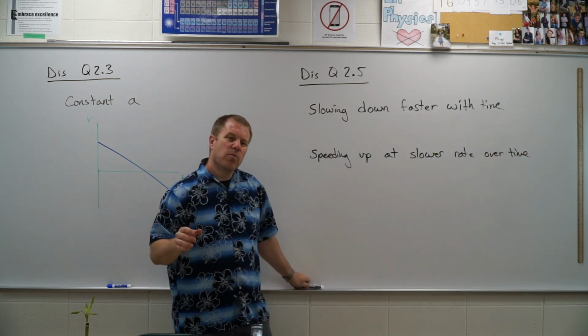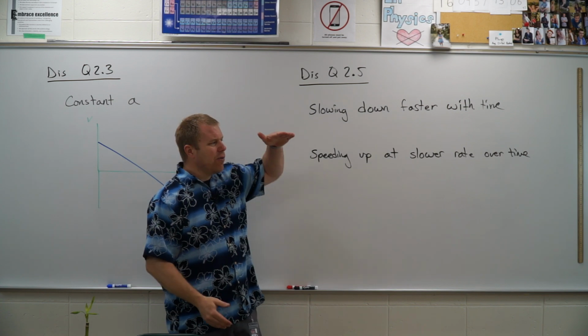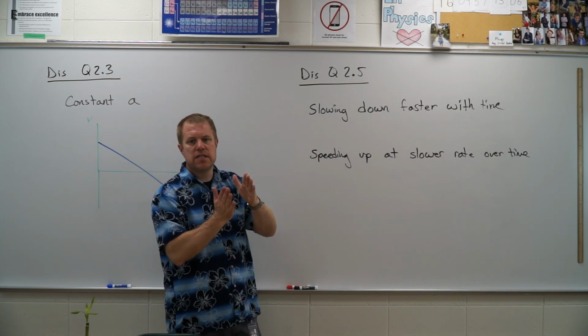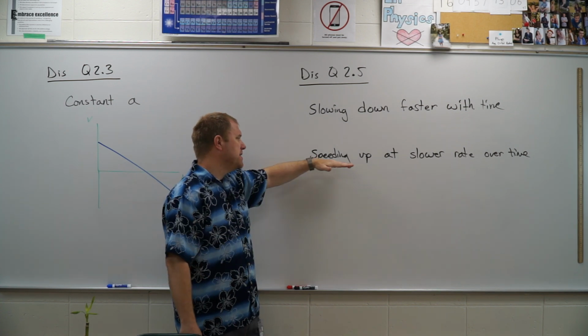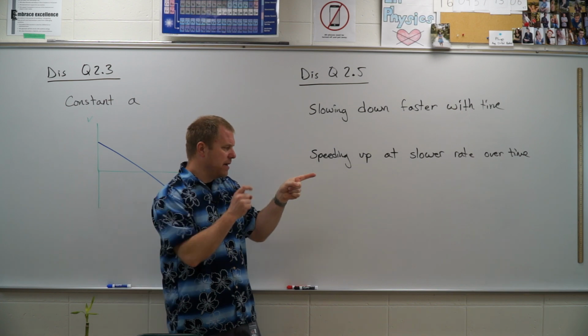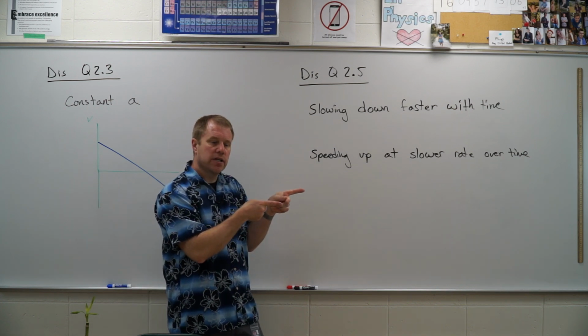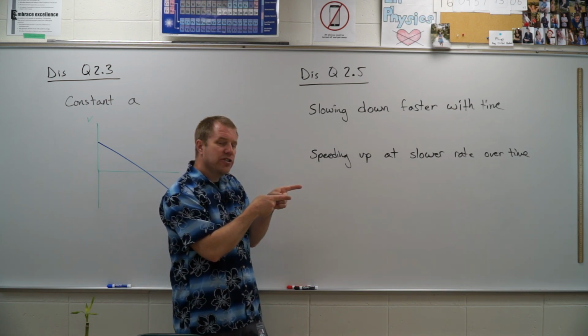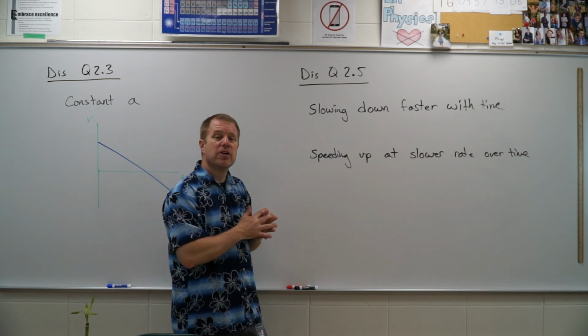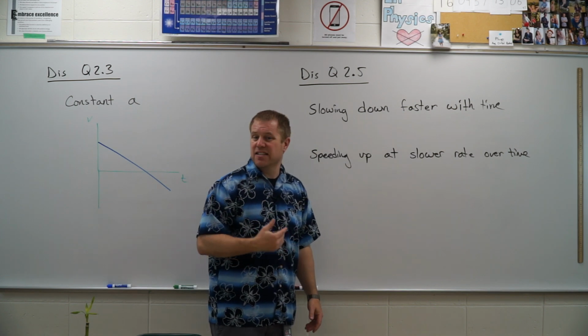And again, when we say decreasing, we're meaning it's going from some value to 0. And in order for me to be speeding up, that just means my velocity and my acceleration need to be in the same direction. And it's just saying that acceleration is getting smaller and smaller. So the amount I'm speeding up by gets smaller and smaller.